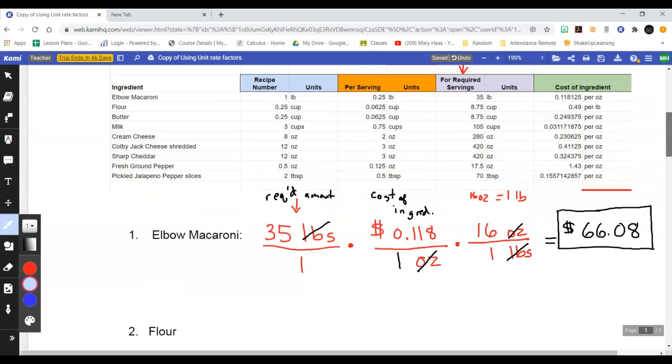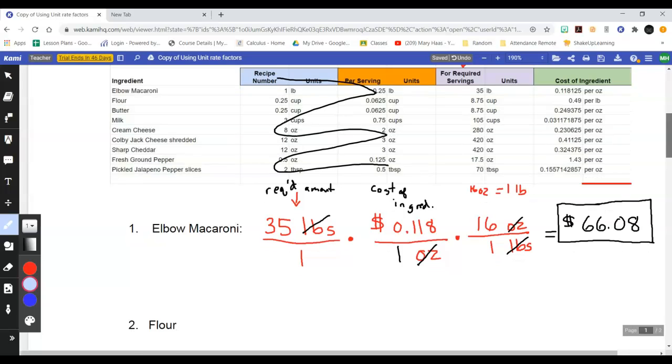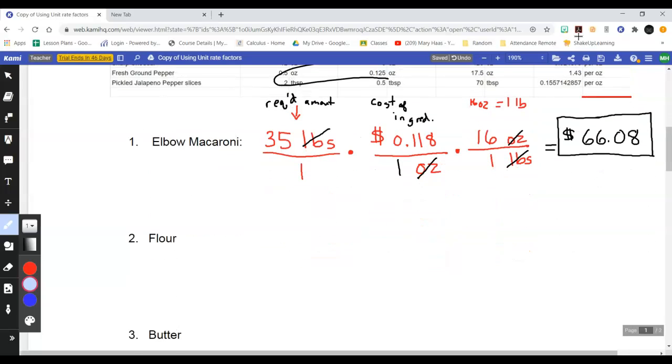All right, so our next one is flour. In this worksheet, we're not going to use any of this. We're always going to look over here, and it says 8.75 cups of flour is what I need for all those 140 orders of mac and cheese.